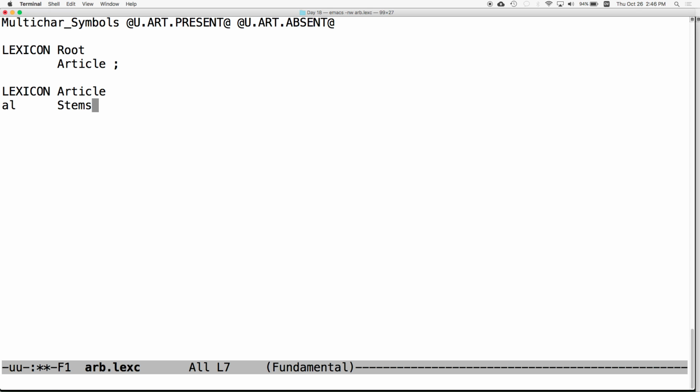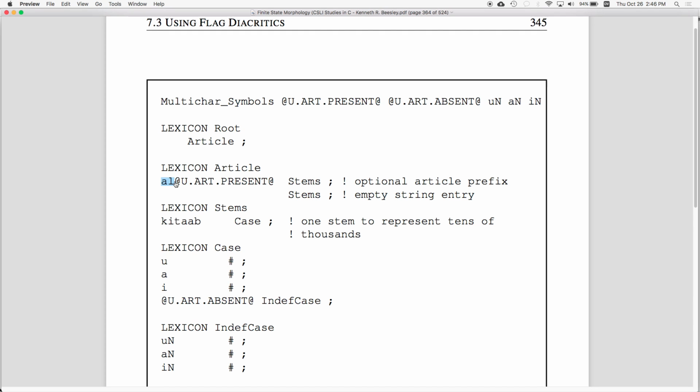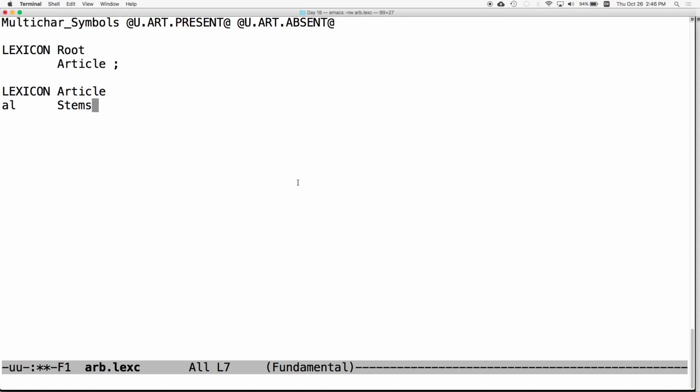We're going to leave off the flag diacritics and then we'll come back for them. Sorry, I don't type Arabic, and I don't know how the bidirectional would work in the FOMA file either. It probably could be done, but I have no idea how that would work.